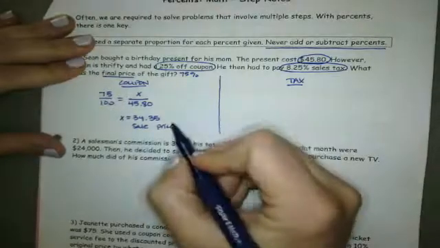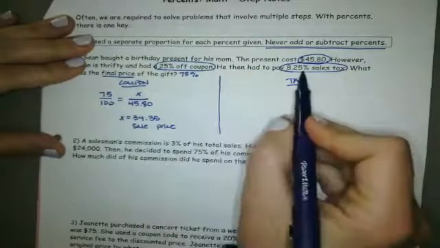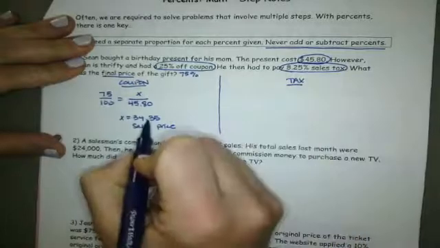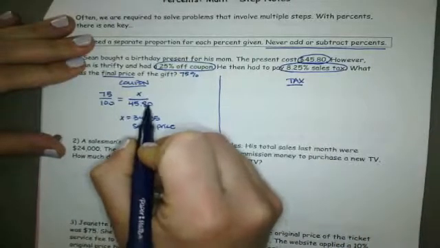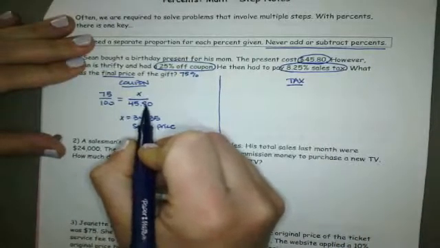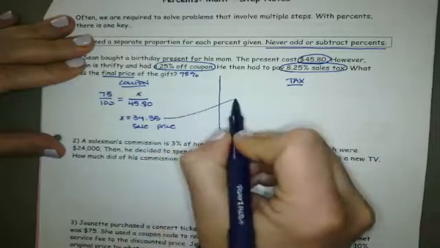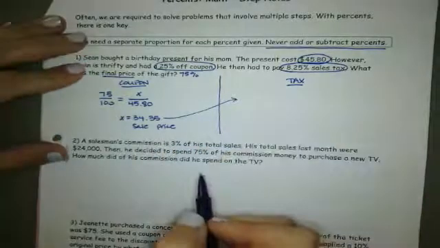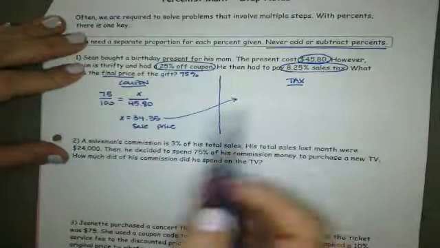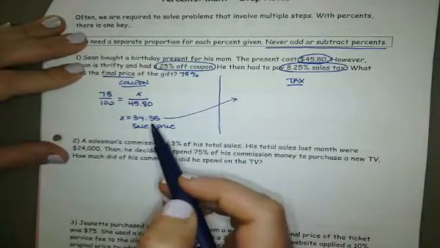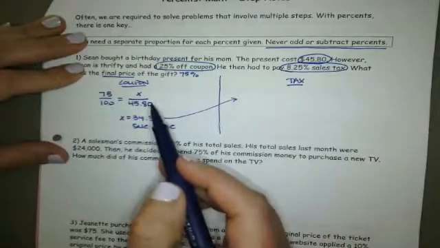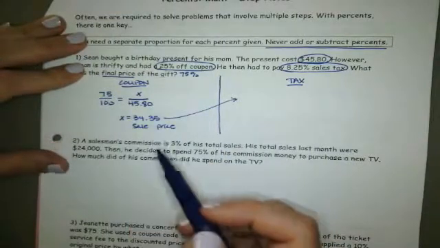Okay? So now the key is when I'm paying this tax, I'm paying tax on this discounted amount. I'm not paying tax on the $45.80. So I encourage you to draw an arrow over to my tax section from this number, because that's a common mistake that students make, is they'll find the tax on the $45.80, on the original.